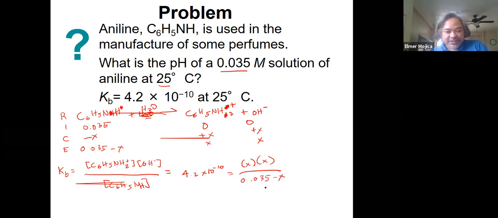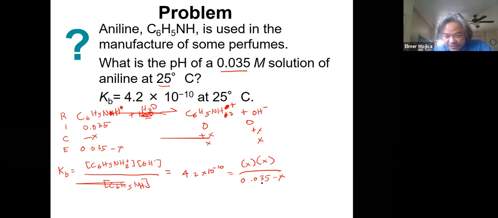Now, can we make an assumption that 0.035 minus x is just 0.035? So you get the initial concentration, which is 0.035, divided by the Kb, which is 4.2 exponent negative 10. So you get there around 8.3 times 10 to the 7.